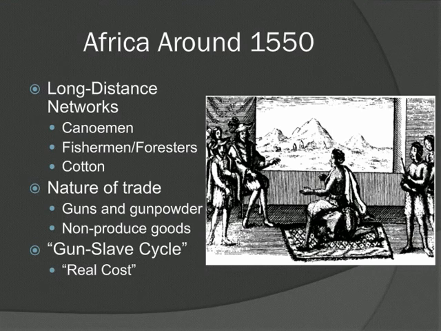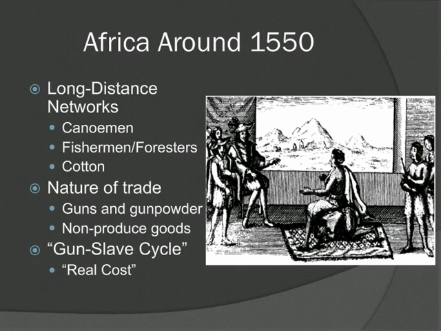That's what the gun slave cycle means. It's just this circular thing where you need more guns to get more slaves, and then your competitor gets more guns, so they get more slaves. It was just a vicious cycle, and a lot of people think that this really pushed African civilization back hundreds of years.